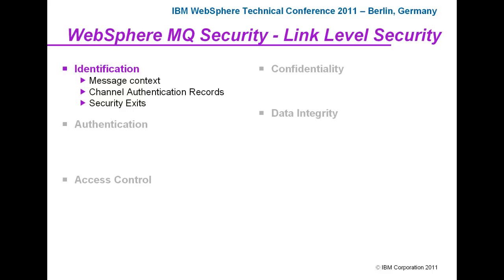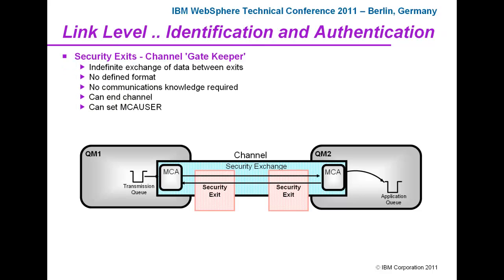And then we have security exits, as we have for many years, and something new, channel authentication records, that can set the identity of a particular channel or client when it's running in the server. Security exits can do an indefinite exchange of any arbitrary means at all to interrogate the partner.